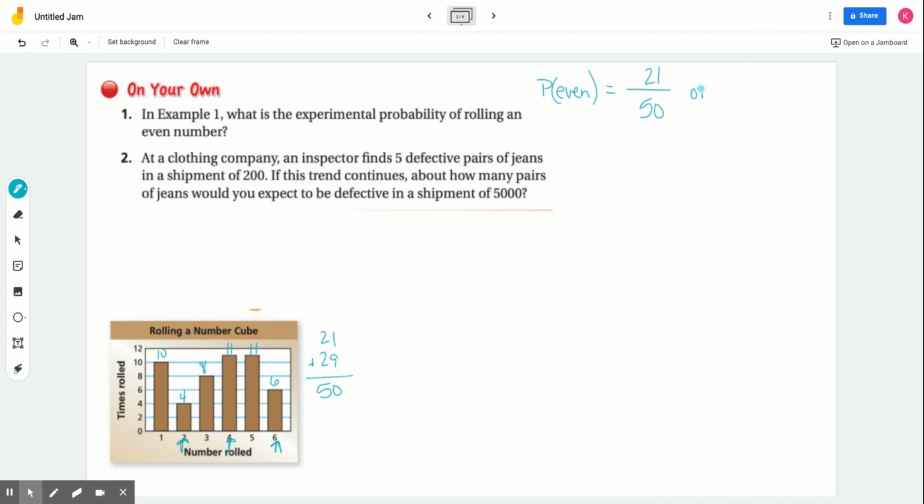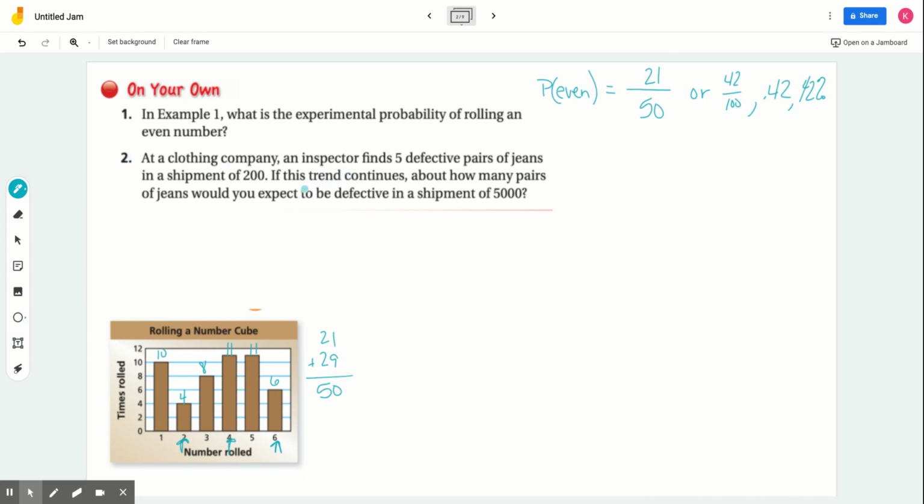Or this would be 42 out of 100, which can be written as 0.42 or 42%. So we can write it as a fraction, as a decimal, or as a percent.